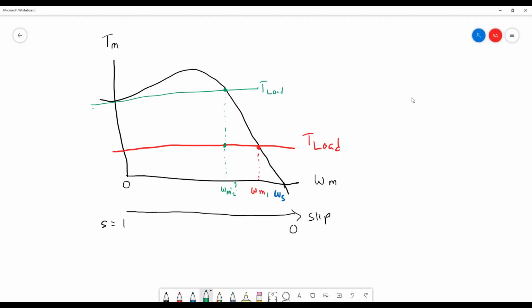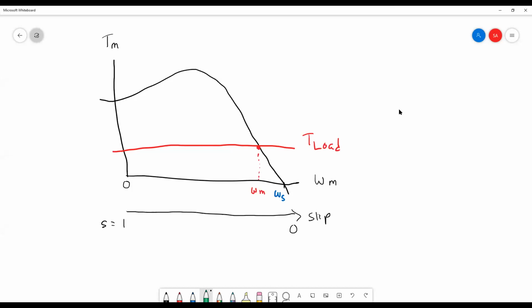If you change the torque load to determine the speed of the motor, your answer is totally wrong. Why? Because the load is the load, you cannot control the load. The load is still a load.